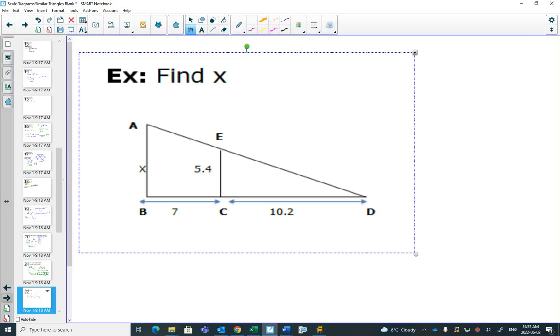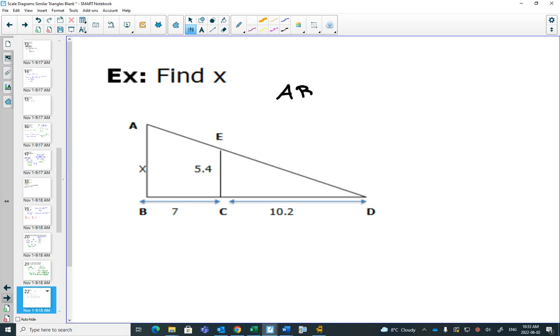In this triangle, ABD is similar to ECD. Equal means they're exactly the same. Similar is one, they look the same, but one is bigger than the other. Okay?